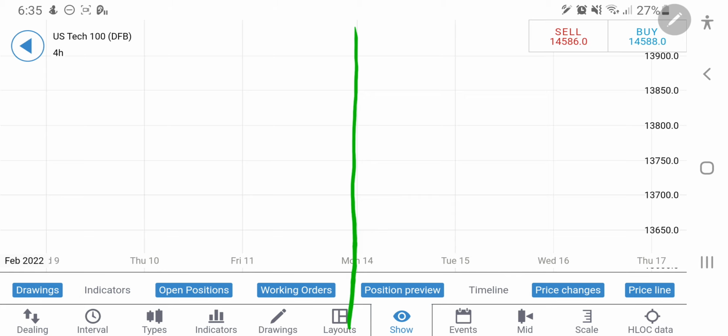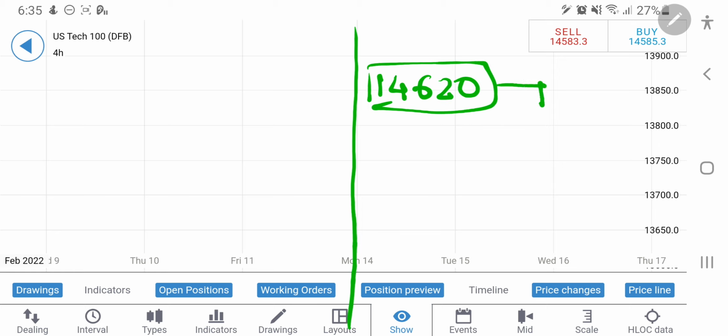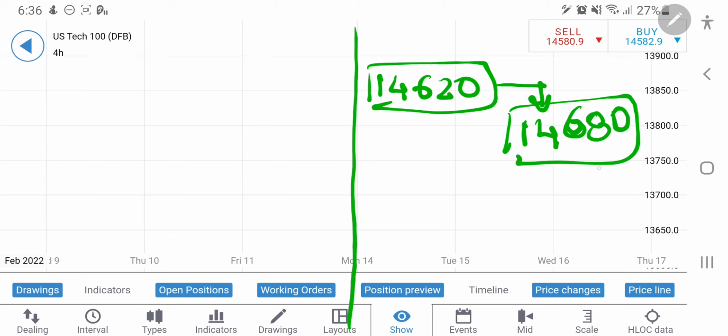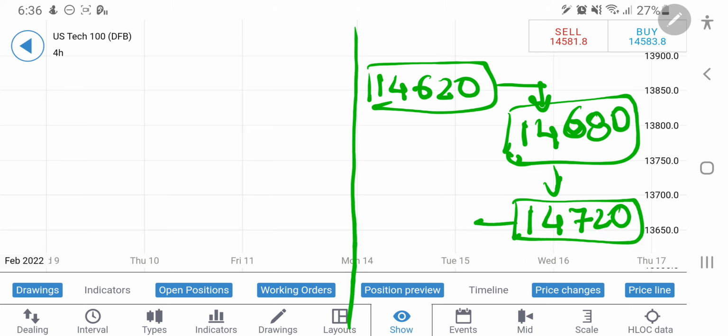Now let's have a look at the probable targets for the day. As I said, go long at 14,620 again. The next target is 14,680. From here it can also drop, but once it goes beyond 14,680 and then 14,720, directly it will hit 14,780 and 14,830.